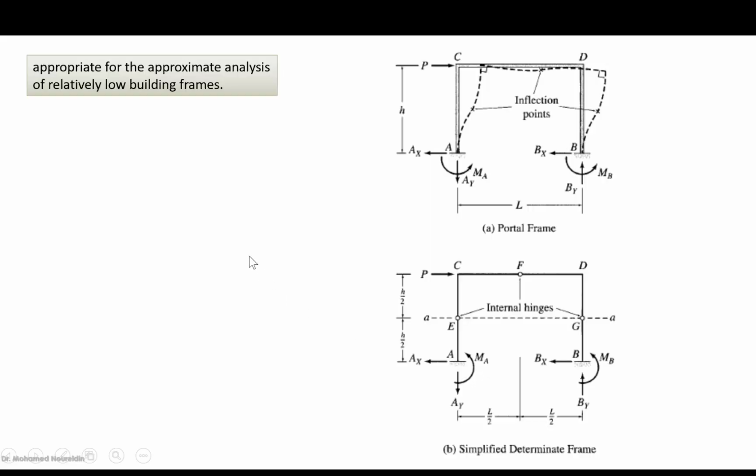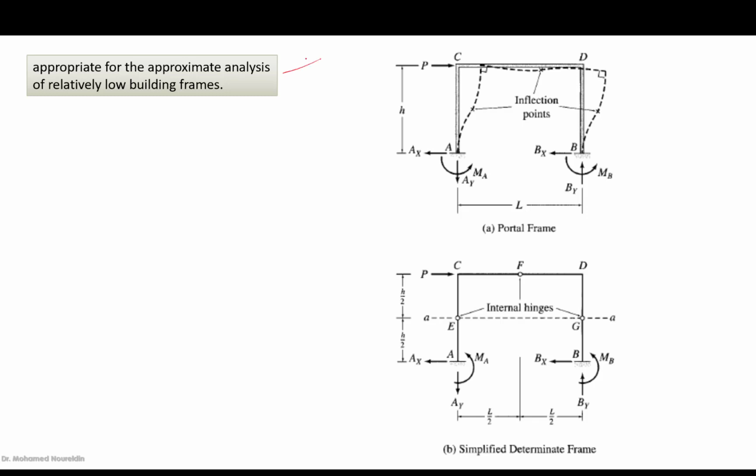First of all, for our Portal Frame Method, we need some assumptions to be considered in order to make the approximate analysis for the building that we are investigating.